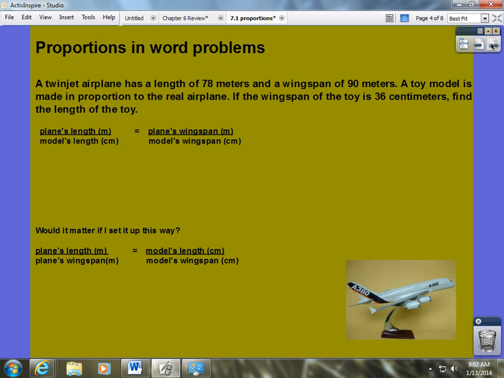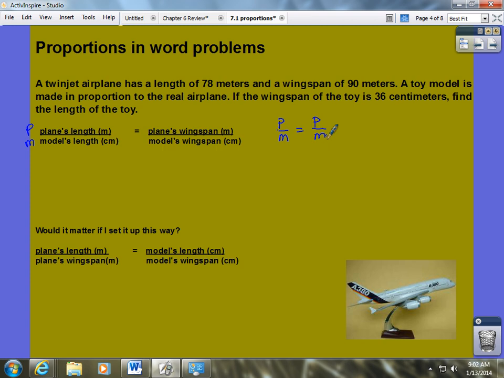We have the two lengths, the plane and the model, and then we've got the two wingspans, the plane and the model. So the proportions we set up, if we have the plane over the model on one, we have to have the plane over the model on the other one. Okay, so we want its length. This is 78.